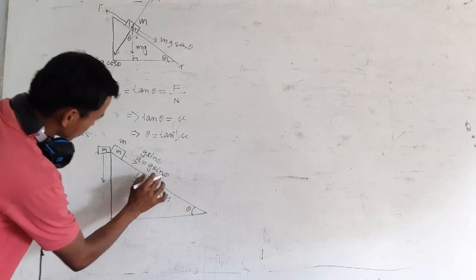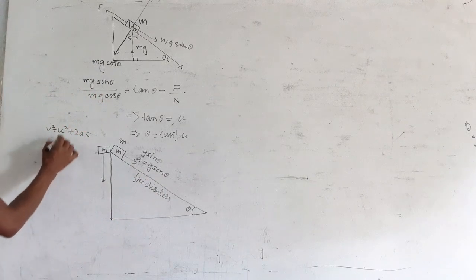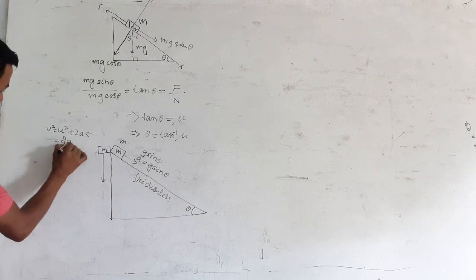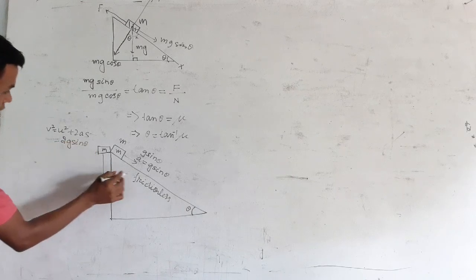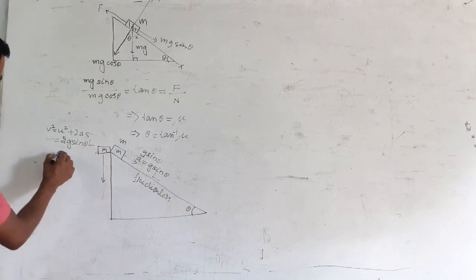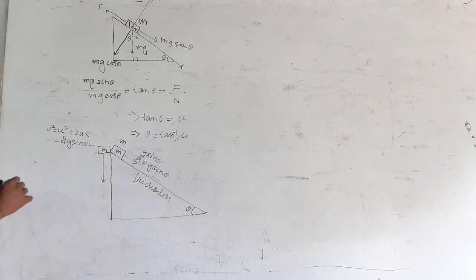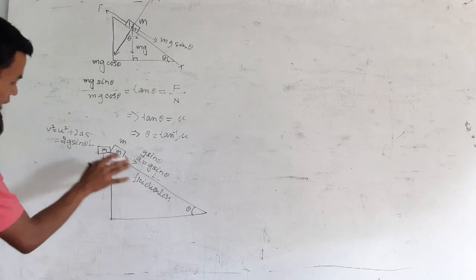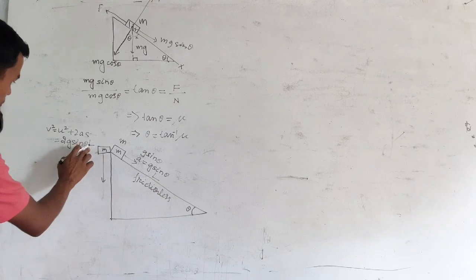Now the initial velocity is 0, so the remaining term is 2 g sin theta times L, where L is the length of the slope of the inclined plane.